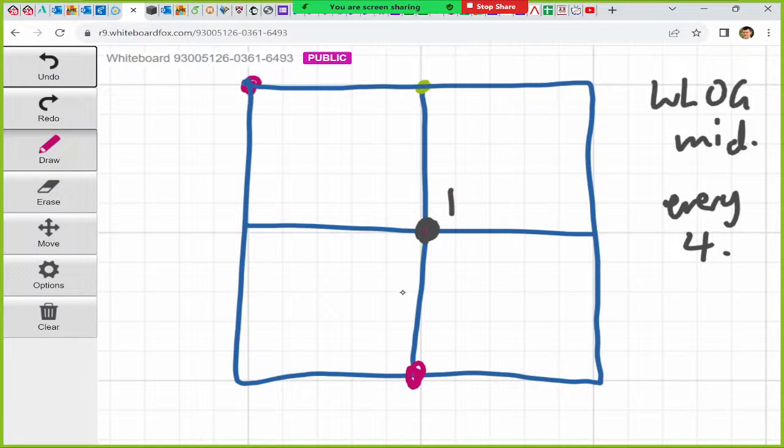It could go in the first one, right? And then it'd be like 0 mod 4 and 1 mod 4.